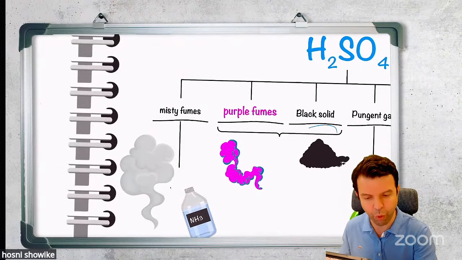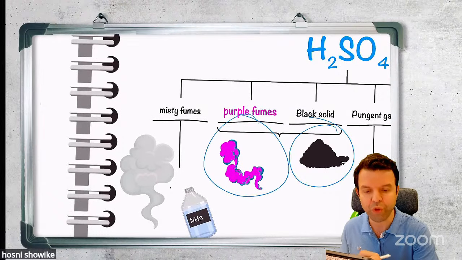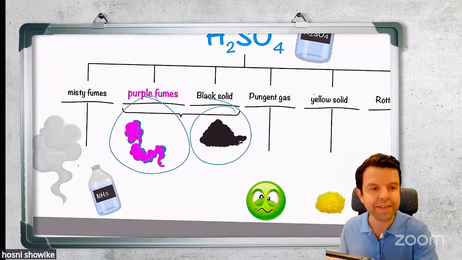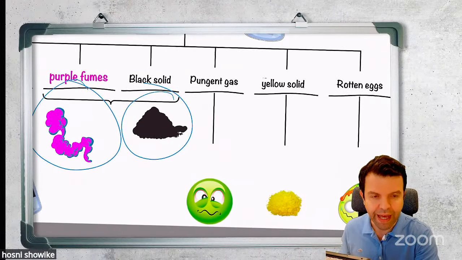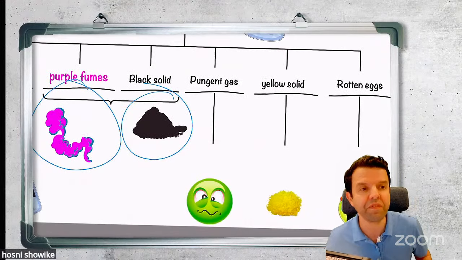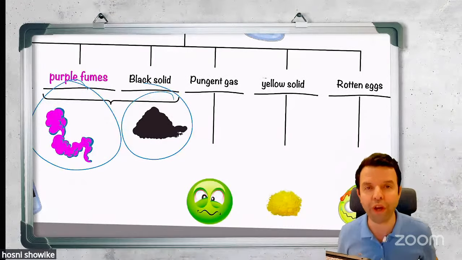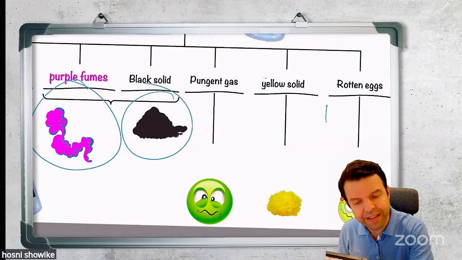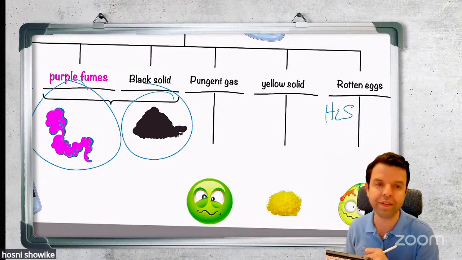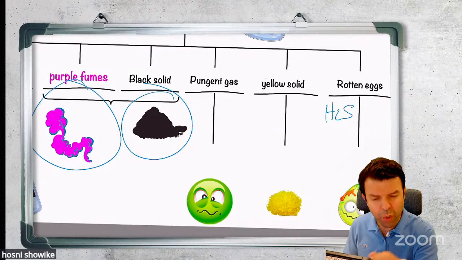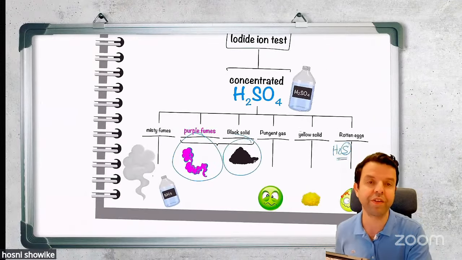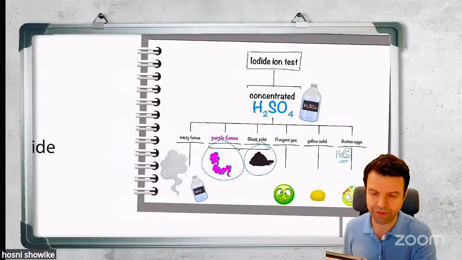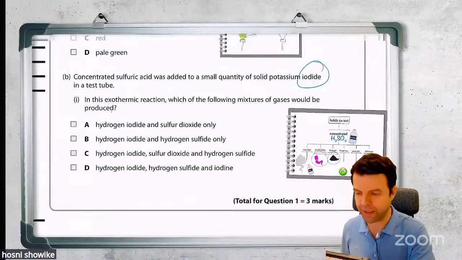Iodine in both forms, solid and gas, some sulfur dioxide, some sulfur, and what makes this reaction distinguishable from all the other halides is the fact that it produces H2S.